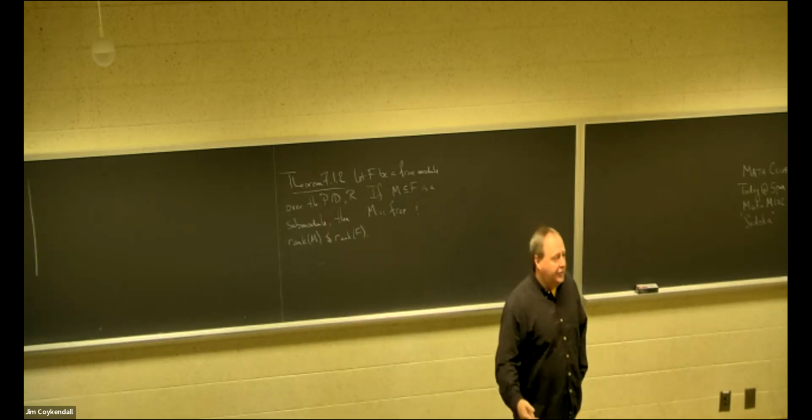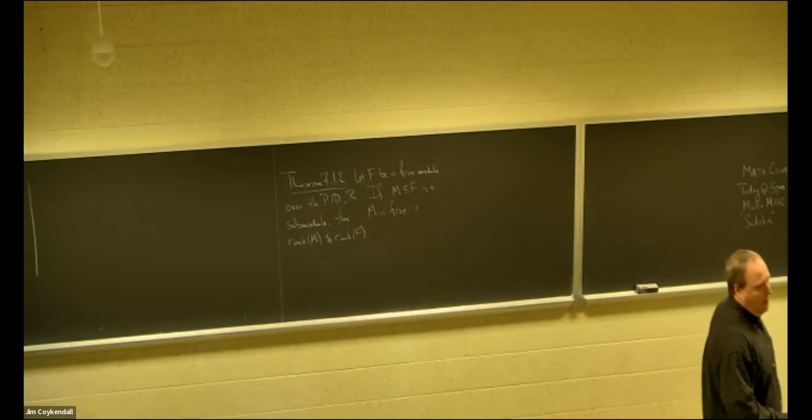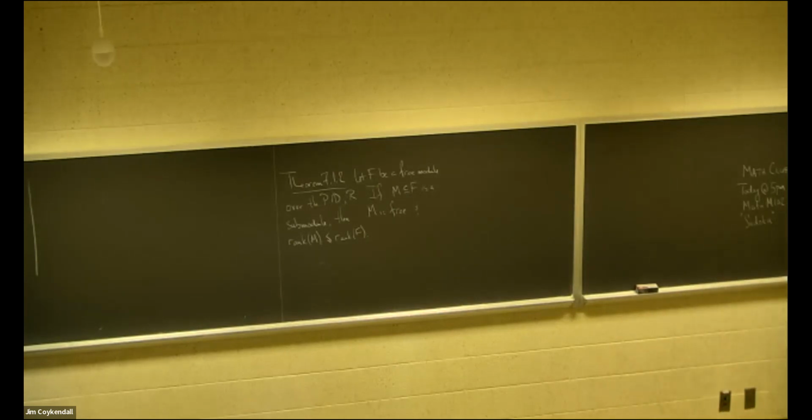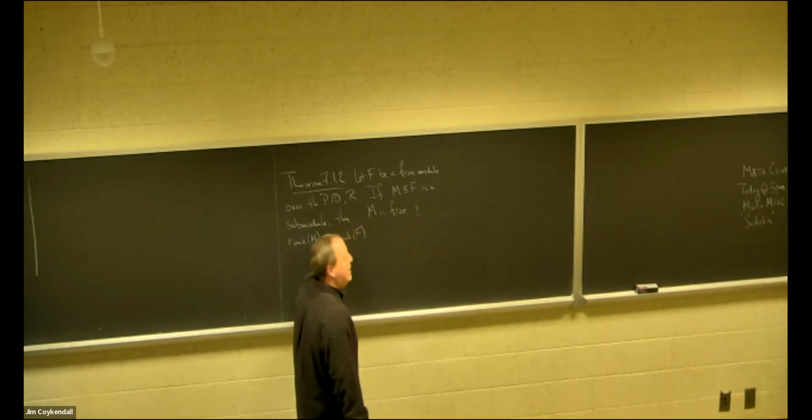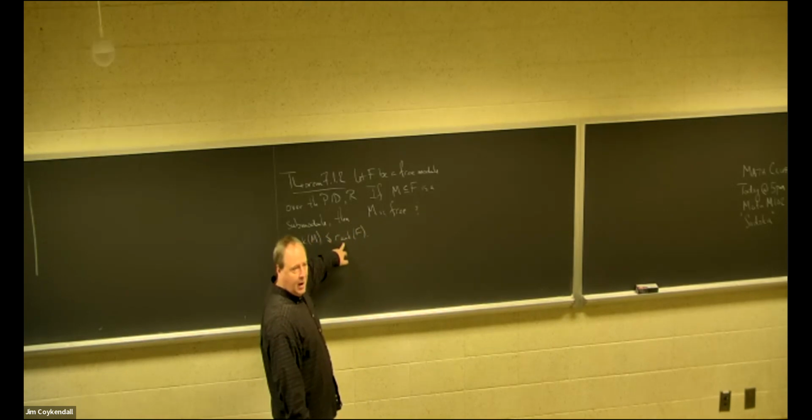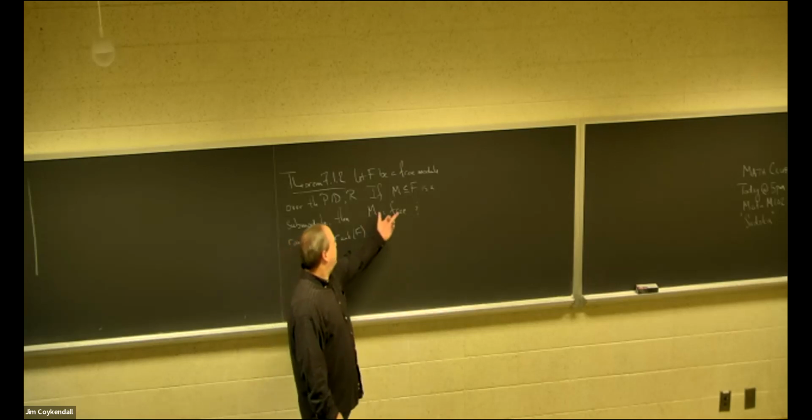This actually persists to any rank over a PID. It can be countably infinite or even larger than that. This still holds. By rank, I mean the size of the basis, because that's really the only item of data you need for a free module. So this is kind of a powerful theorem.